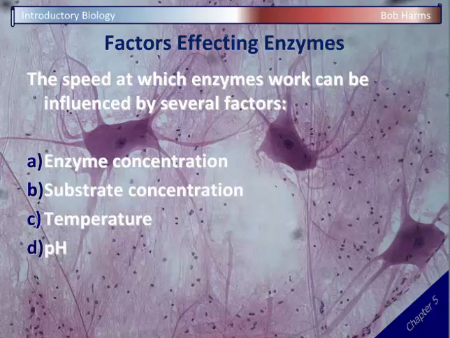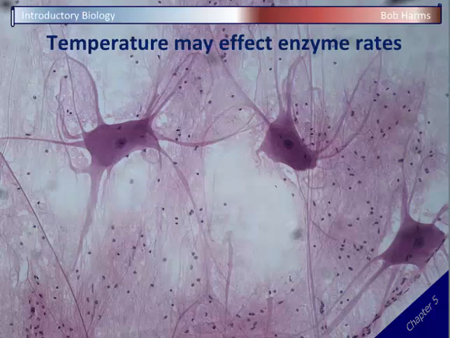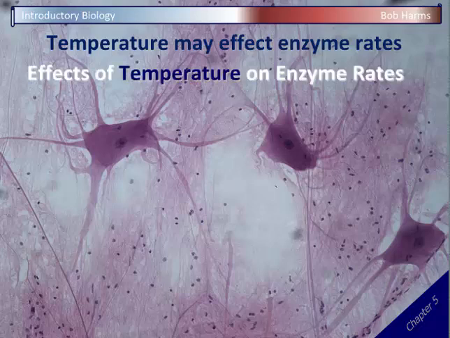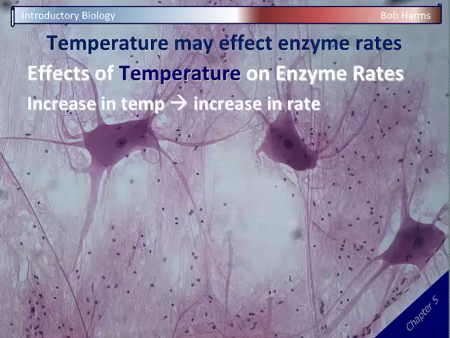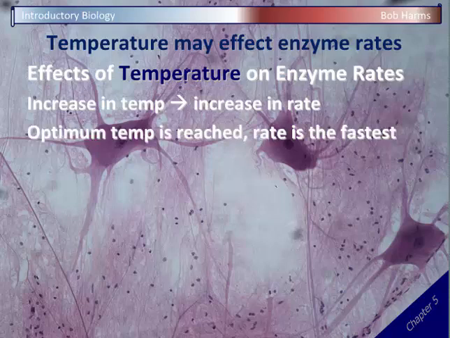Just as an example, I want to look at temperature and how it may influence reaction rate. Remember, temperature is just energy, and increasing temperature means we're increasing energy. So it makes sense that if we increase temperature, we ought to increase the rate. Things ought to happen faster with more energy. As we gradually increase temperature, we will see that the rate goes up and up and up.